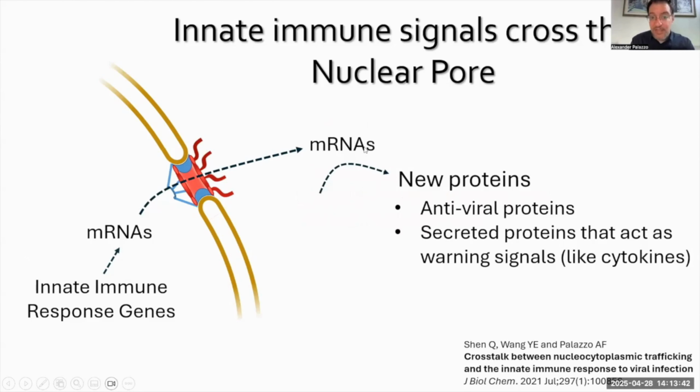The mRNAs contain the information on how to make new proteins, and these might be antiviral proteins or secreted proteins that act as warning signals to nearby cells that this cell is infected. Some of those signals include cytokines, which many of you have likely heard from our clinical colleagues play an important role in mediating some of the symptoms of acute necrotizing encephalopathy.